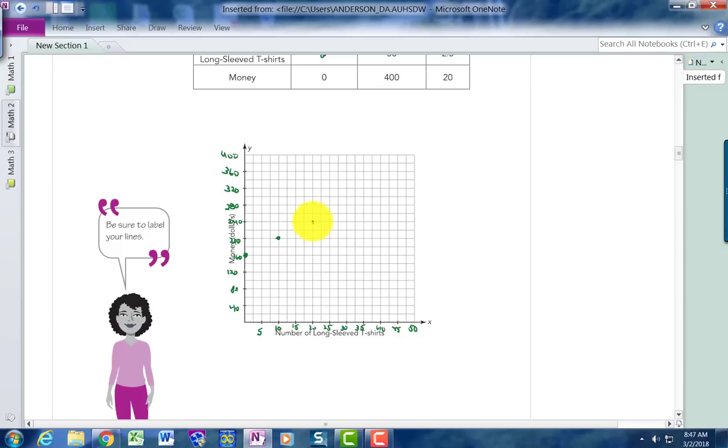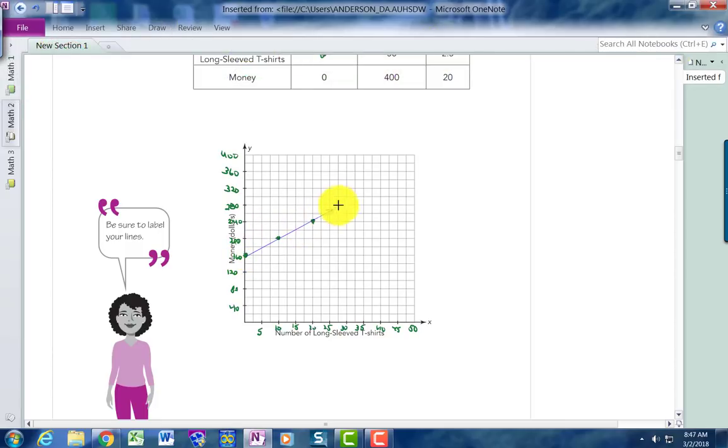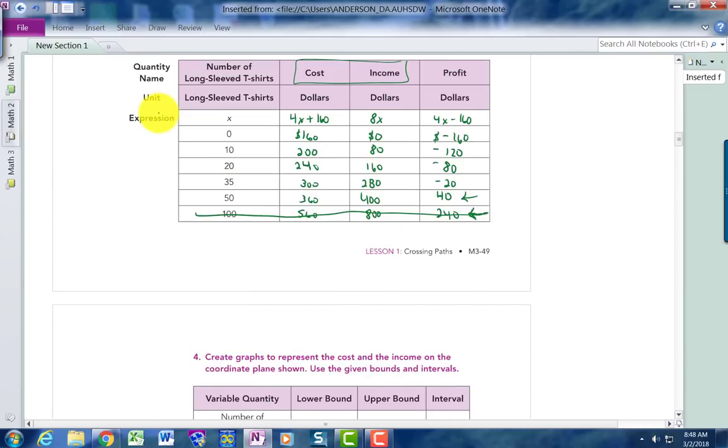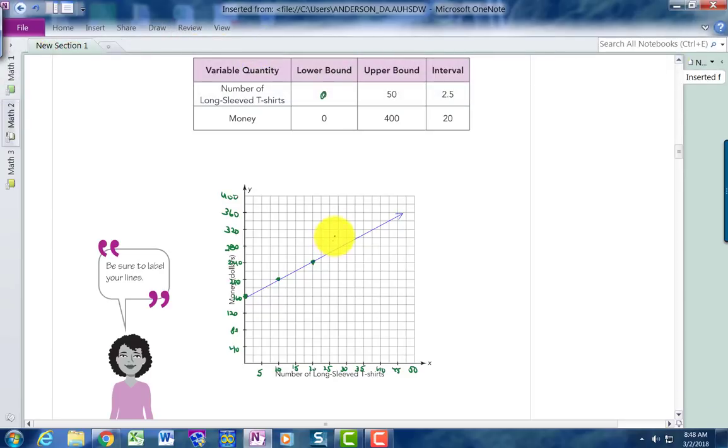Looks like that point right there. And then it just keeps going. Okay, so I'm just going to draw a line here. Trying to get that as accurate as possible, but you kind of get the picture. That was our cost function, so I'm going to label that cost.